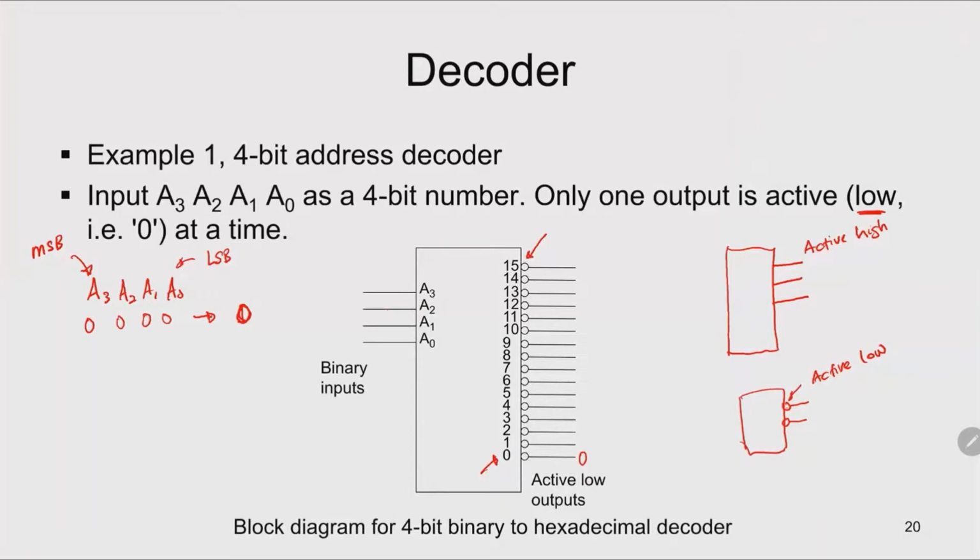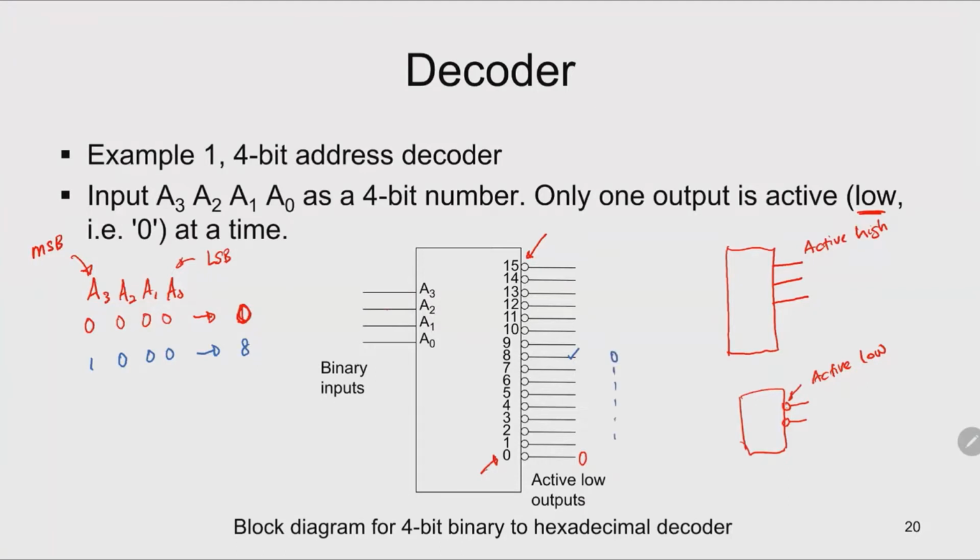If we have this as, let's say, 1, 0, 0, 0, it will be equivalent to 8. Means that this line will be activated. So here will become 0.